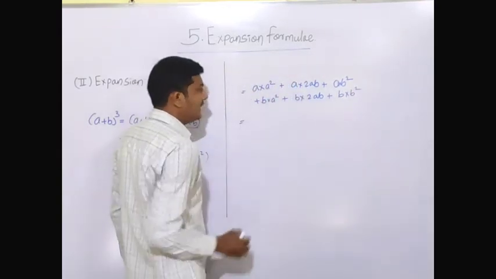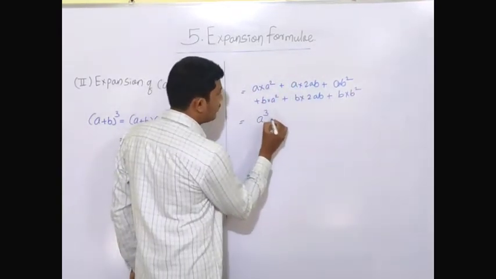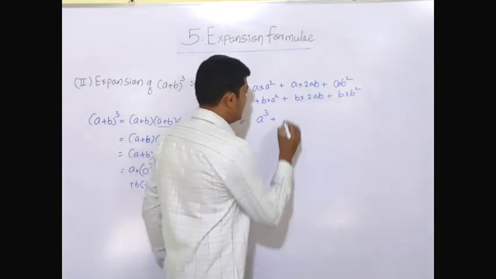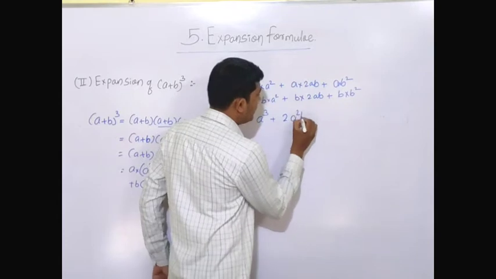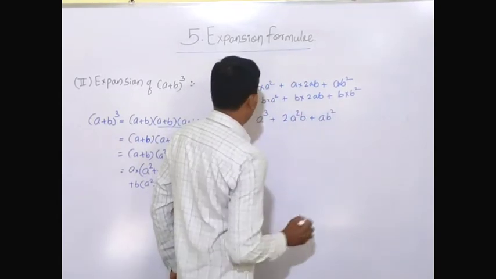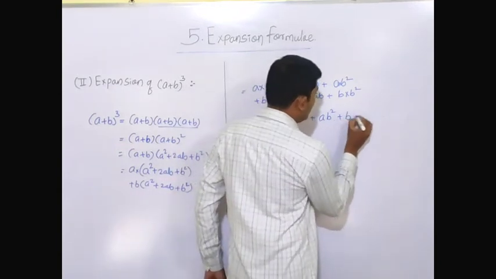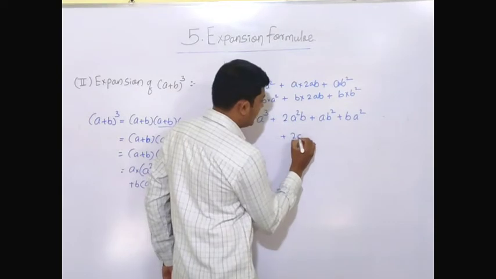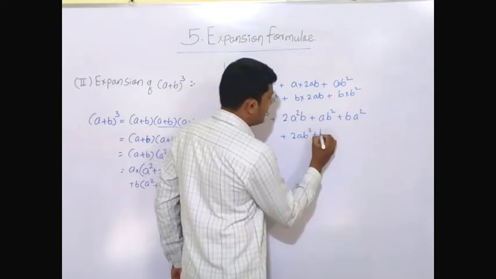Now here a into a square is simply a cube, plus a into twice ab, that is 2a square b, plus ab square, plus b a square, plus twice ab square, plus b cube.